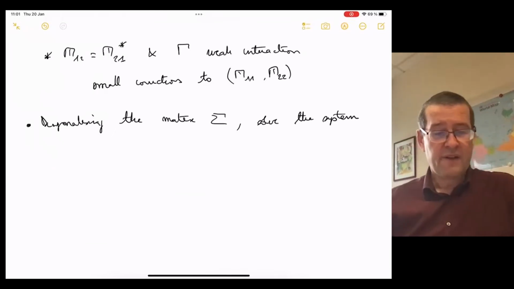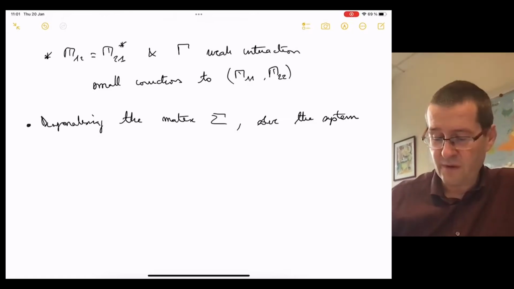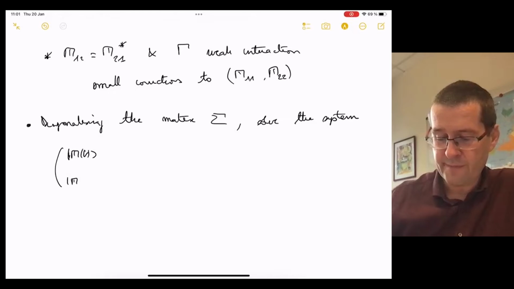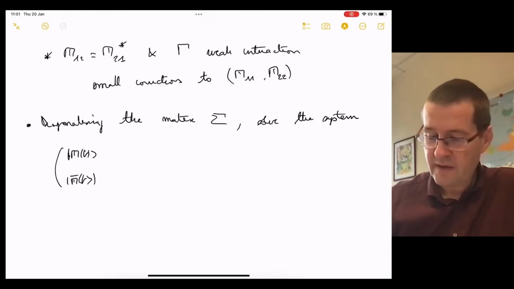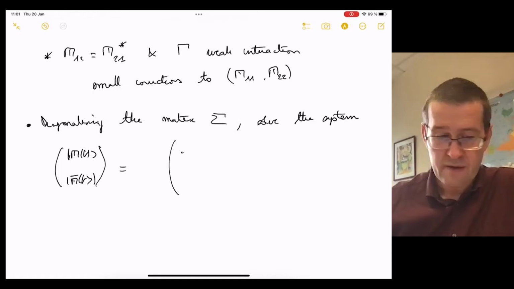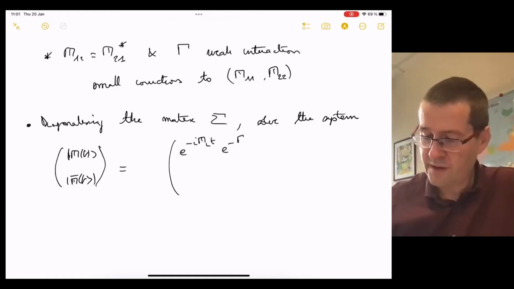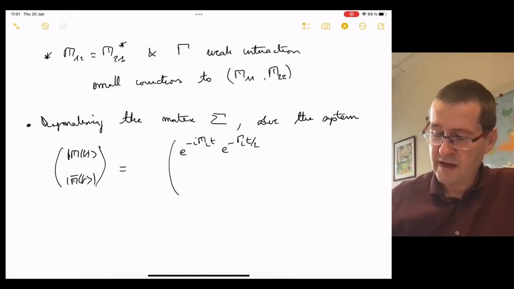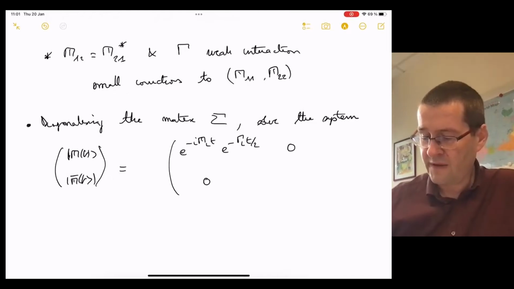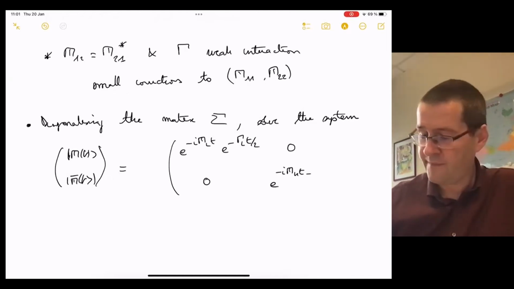And then you can say something quite simple. You can say that the evolution is given by the time evolution that you expect for the two states that have been identified.